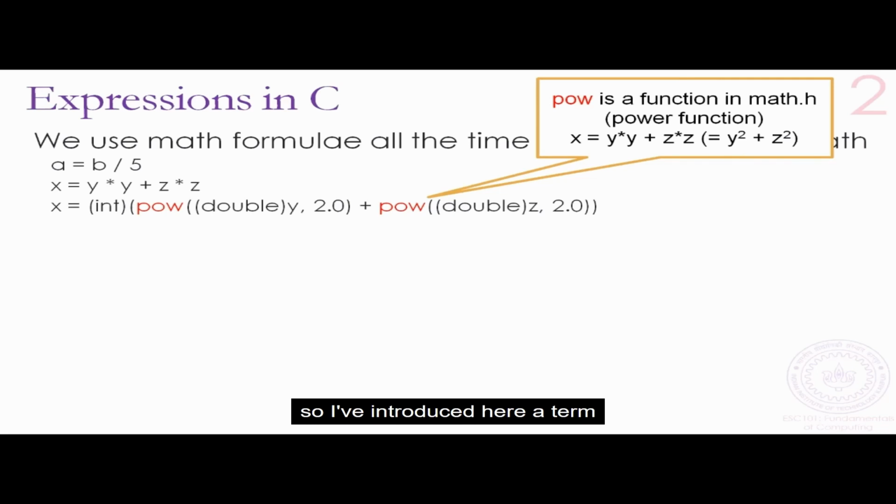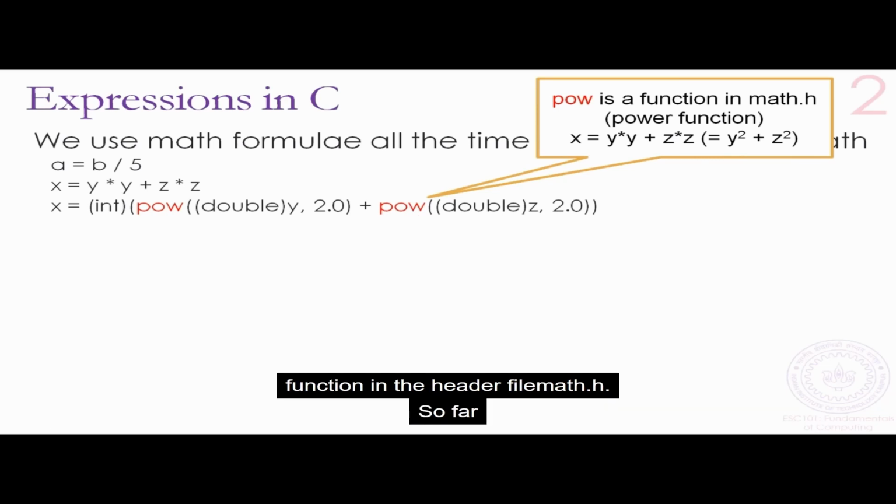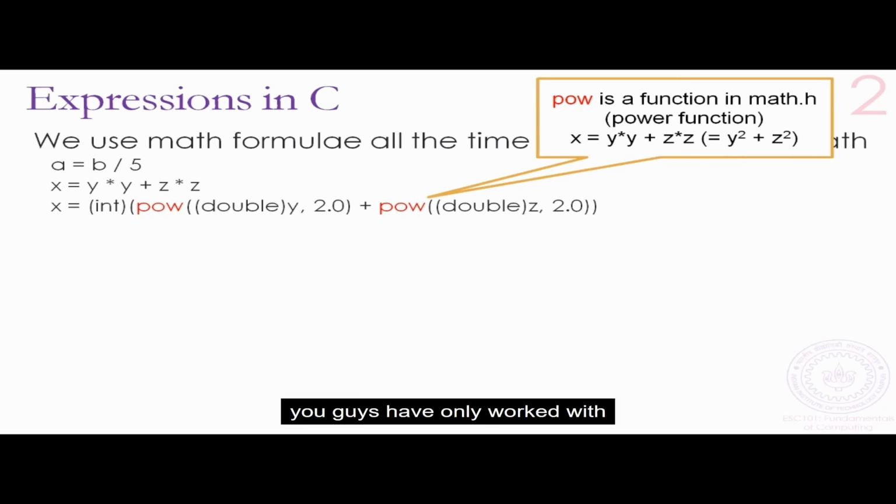So I've introduced here a term that we haven't seen before. This pow, or power, is a function in the header file math.h. So far, you guys have only worked with stdio.h.